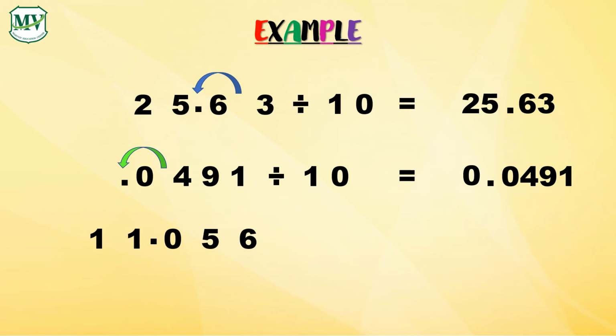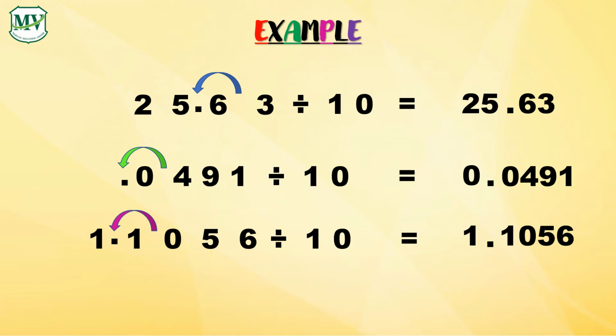How about 11 and 56 thousandths divided by 10? Move the decimal point one place to the left. Our answer will be 1 and 1056 10,000ths. Pretty easy, right?